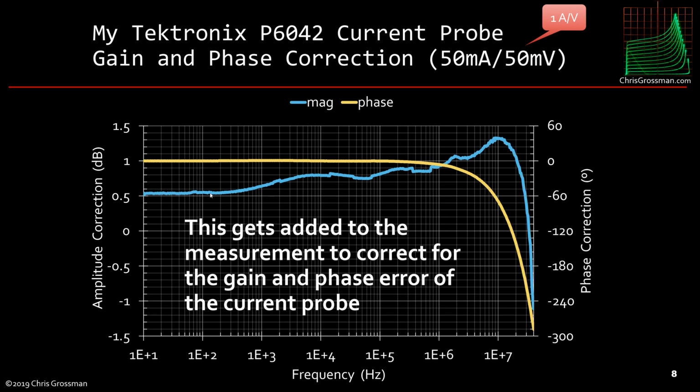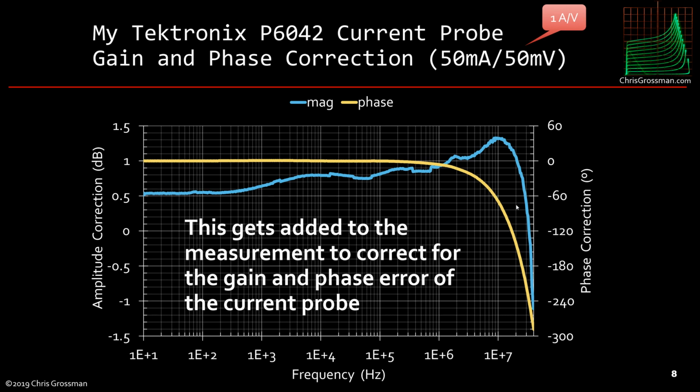So I can take that gain response and make it a correction factor. So here is the gain correction factor, and this is the phase correction factor, and I add this to whatever I measure.